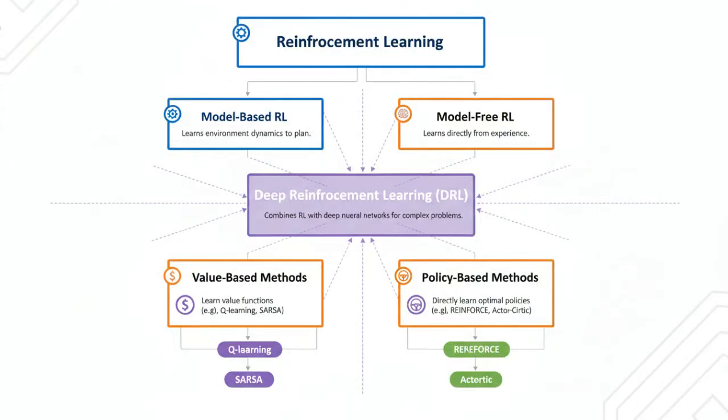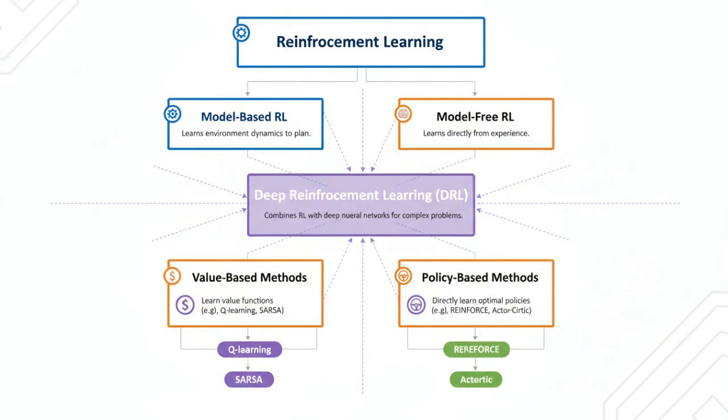Reinforcement learning is not a single algorithm, but rather a family of approaches, each with its strengths and weaknesses. We can broadly categorize them. Model-based RL algorithms try to build an internal model of the environment's dynamics, predicting what the next state and reward will be for any given action. This allows them to plan actions more efficiently.